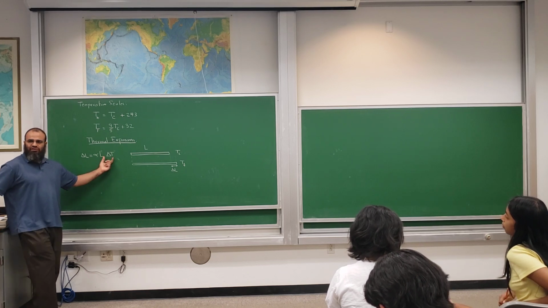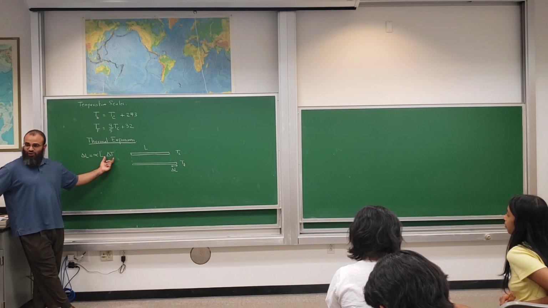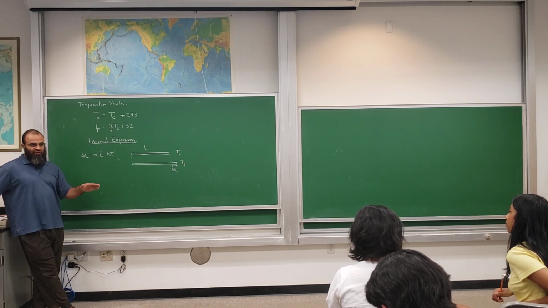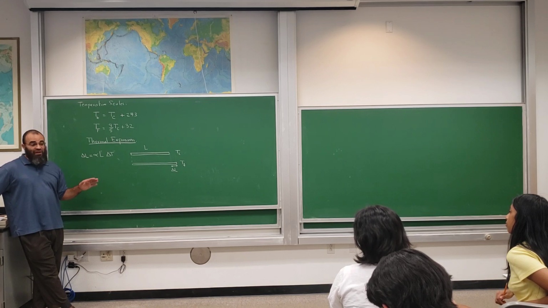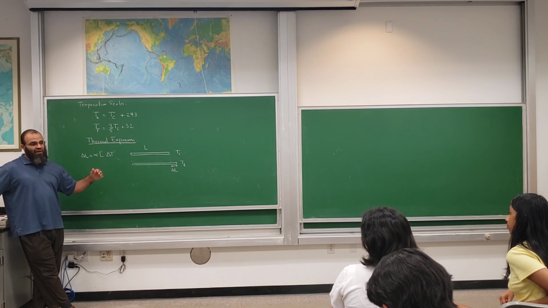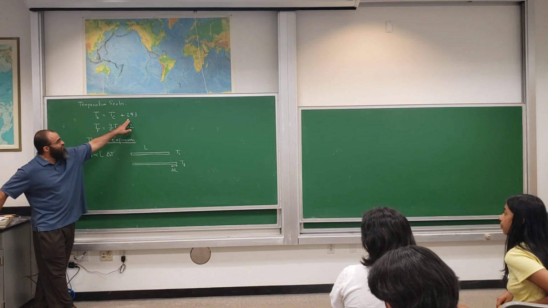What units do you think we use? Kelvin, or actually degrees Celsius, both work. Why? The temperature in Kelvin versus the temperature in degrees Celsius, they're not the same. But the change of 1 degree Celsius is equal to a change of 1 Kelvin, right? How do you get Kelvin from degrees Celsius? You add 273.